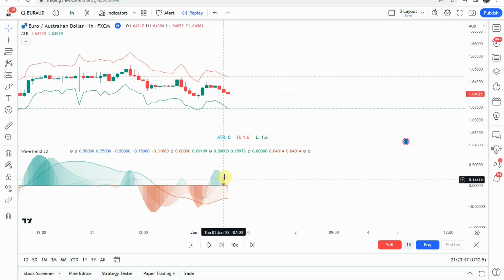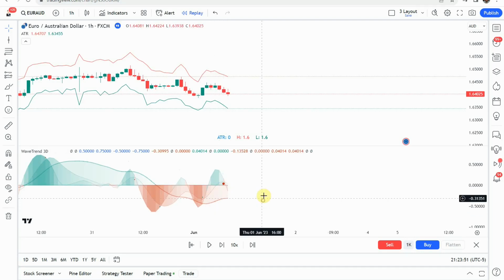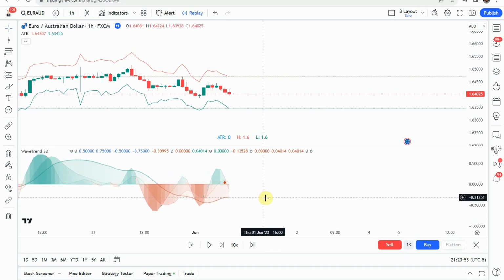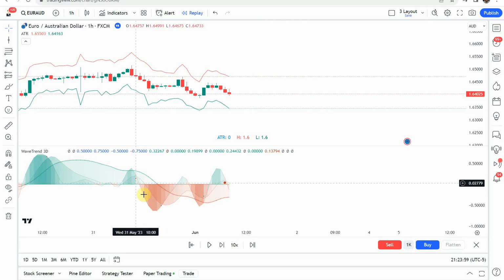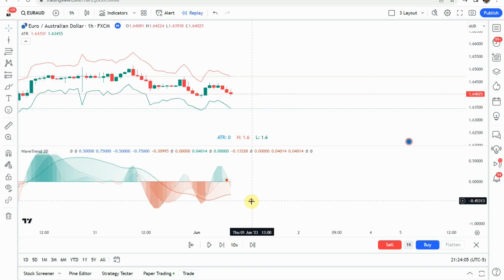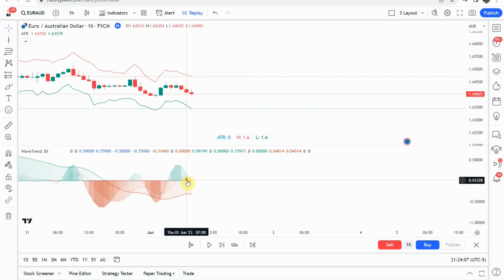And then we are looking for the faster one to cross over the slower one, which is notated by a dot. Now in this case, it's a larger dot. We don't normally get a large dot. Normally it's a small dot like this one here, and it's kind of hard to see. But in this case, we did get the larger dot.